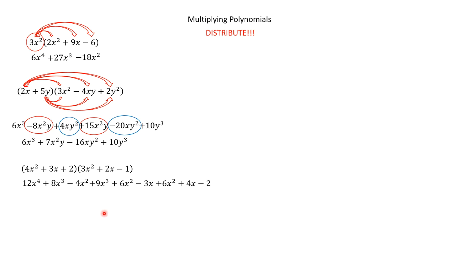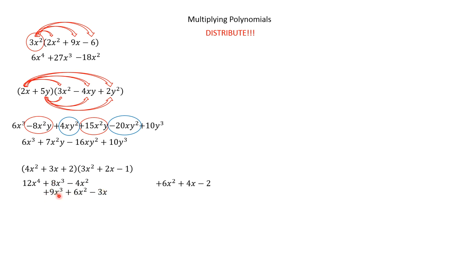So another organizational method, this doesn't change how we do the problem, it's simply an organizational method, is instead of writing it out like this, we can stack these problems. We took the 4x squared and we multiplied to get these guys. Then we took the 3x and we multiplied to get these. Well, instead of putting them here, let's put it underneath the like terms.